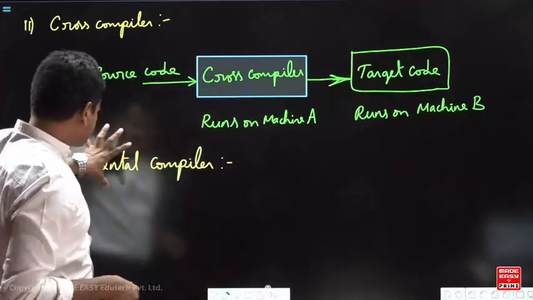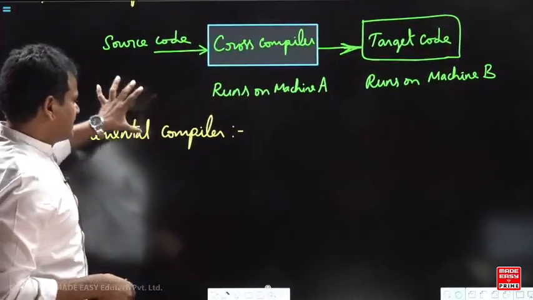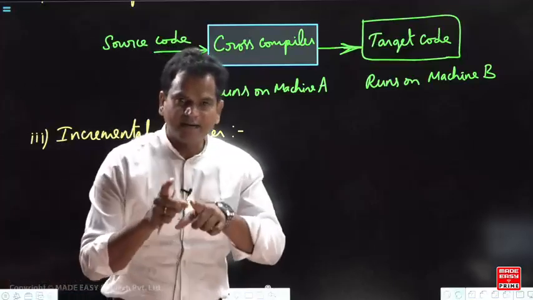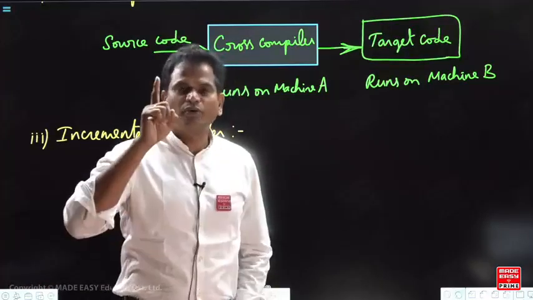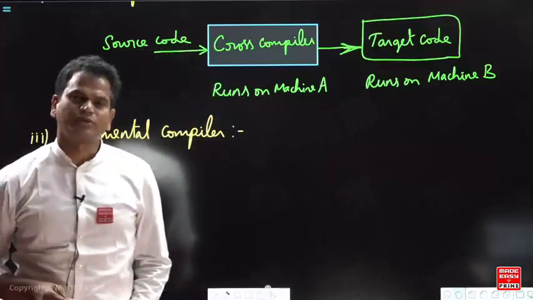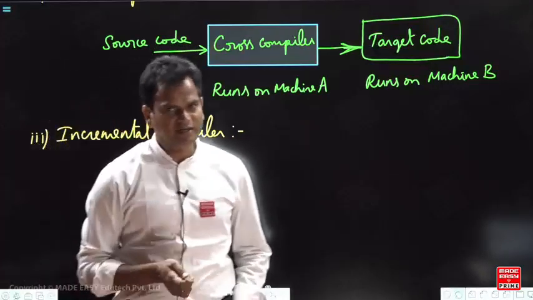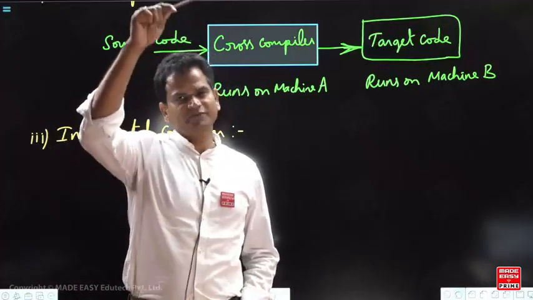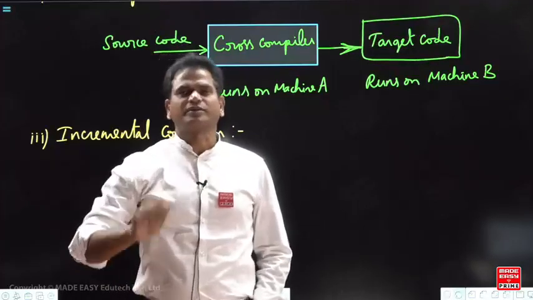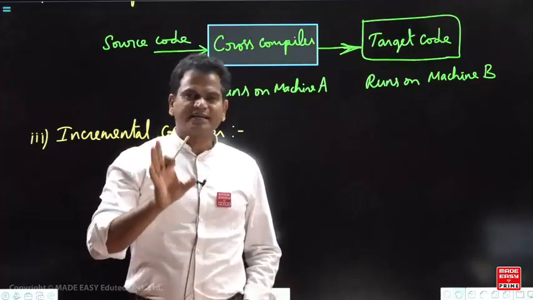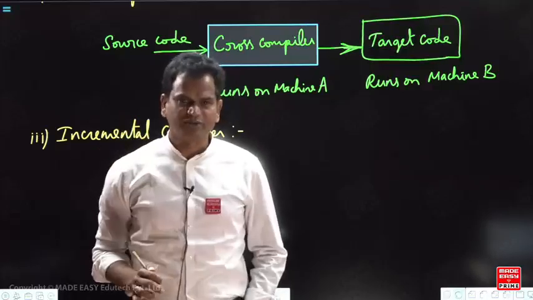But an incremental compiler is a compiler which executes only the modified source code. First of all, it executes the entire code from top to bottom initially. Any errors there are presented to the user.